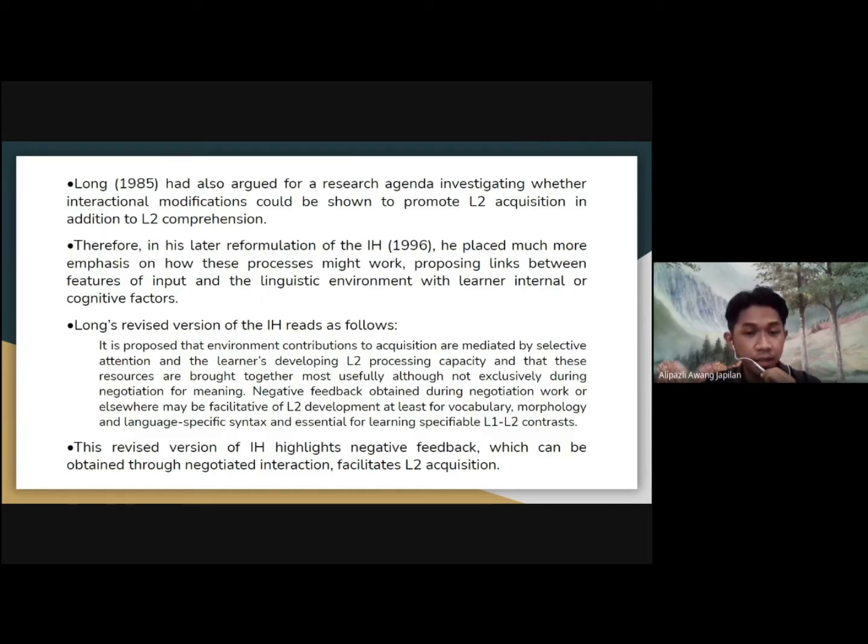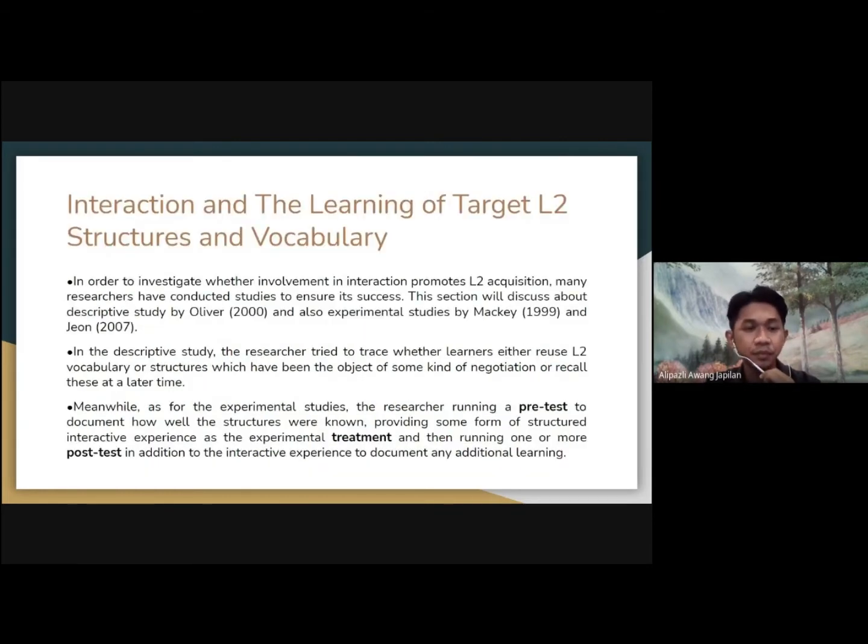And then negative feedback obtained during negotiation work or elsewhere may be facilitative for second language development, at least for vocabulary, morphology, and language-specific syntax, and essentially for learning specifiable first language and second language contrasts. This revised version of the interaction hypothesis highlights that negative feedback, which can be obtained through negotiated interaction, facilitates second language acquisition.